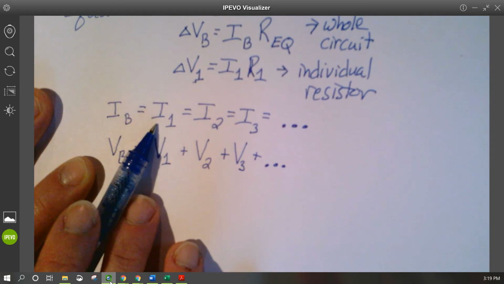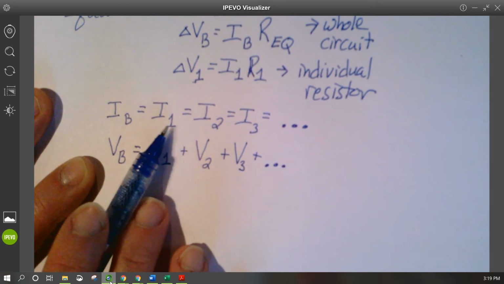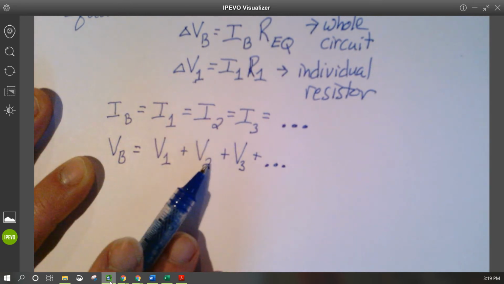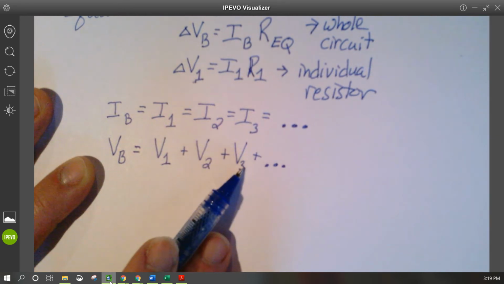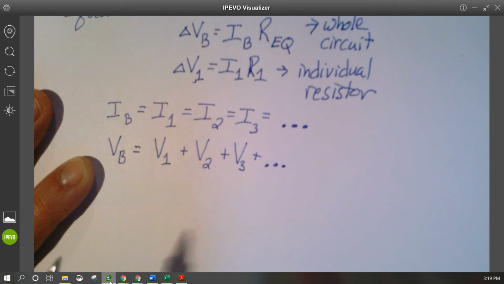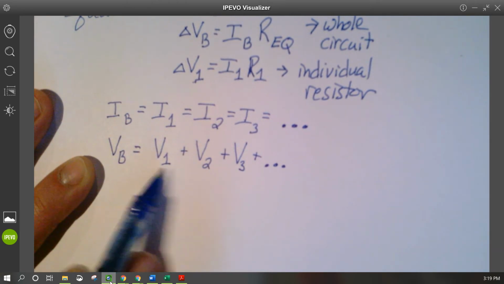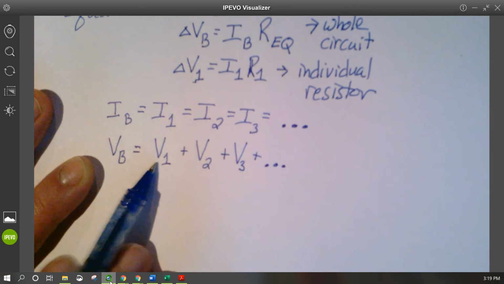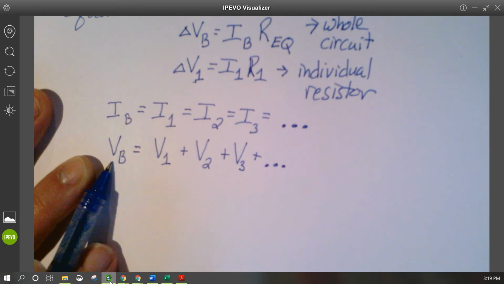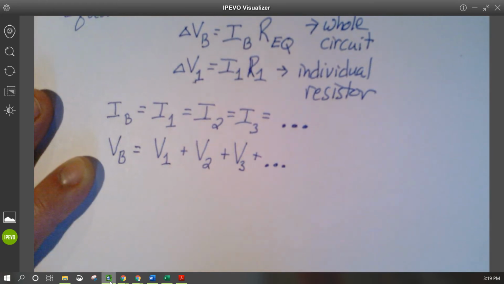So we've got to get all of the charges across resistor 1, all of the charges across resistor 2, all of the charges across resistor 3. So we have to use energy for all of those. So we add up the voltage drops across each resistor. That is going to get us the total voltage across the battery.